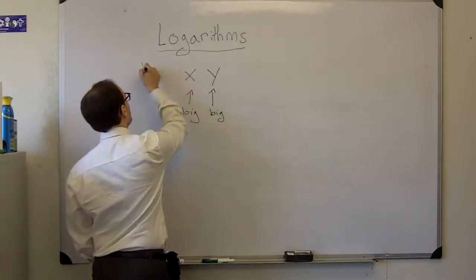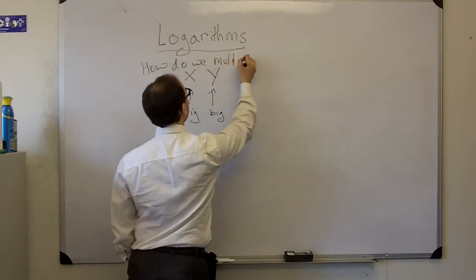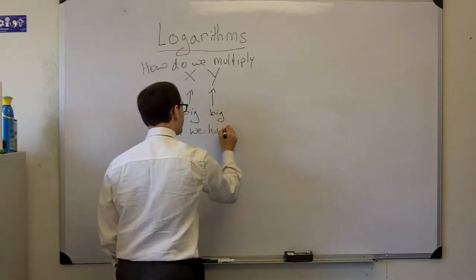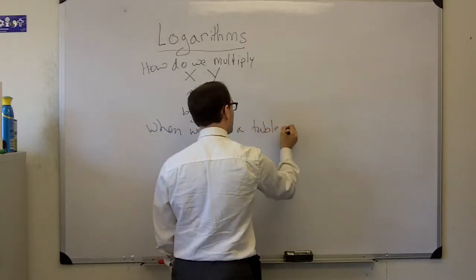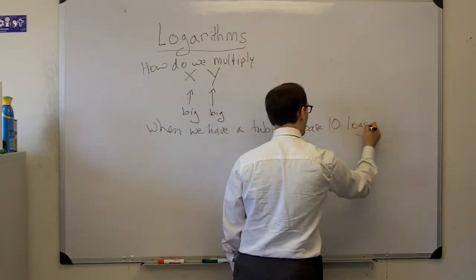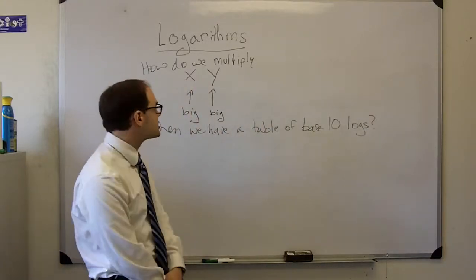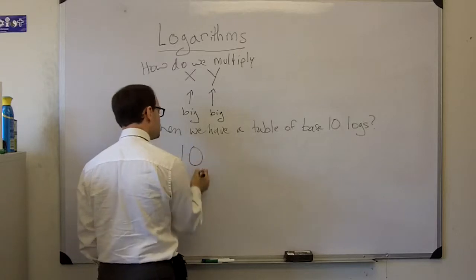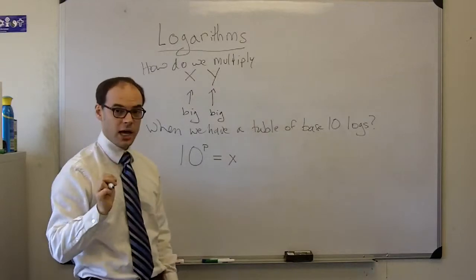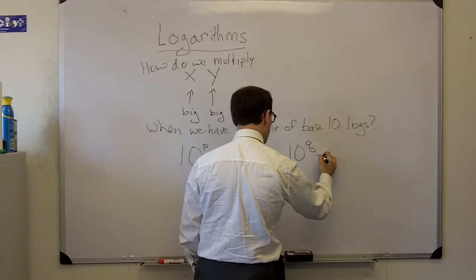So how do we multiply these when we have a table of base 10 logs? Well, you ask the question: 10 to the p is equal to x. Find me the p that gives me 10 to the p is x. And you ask, find me the q such that 10 to the q is y.